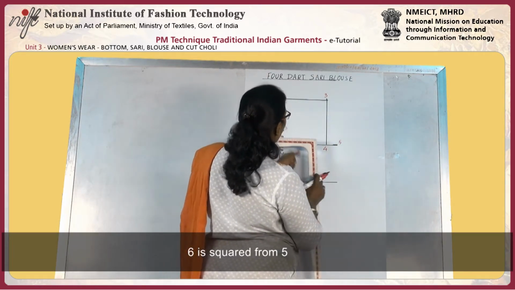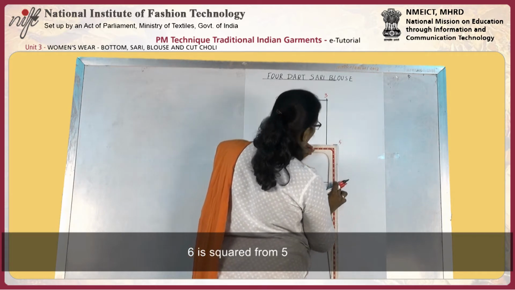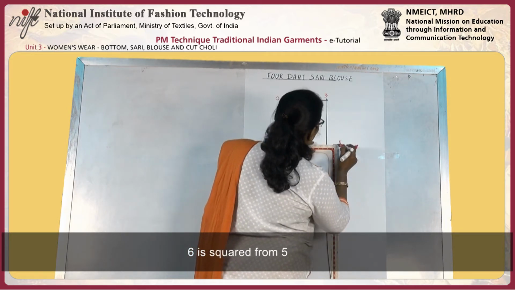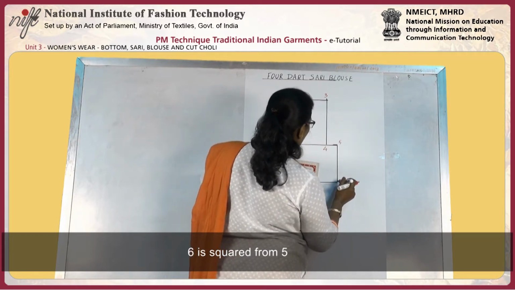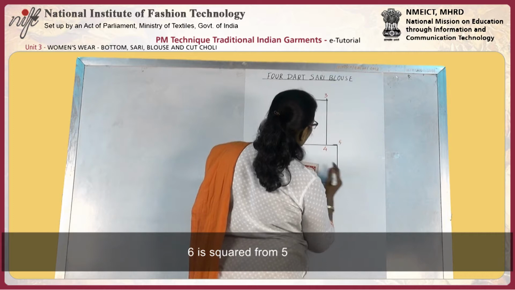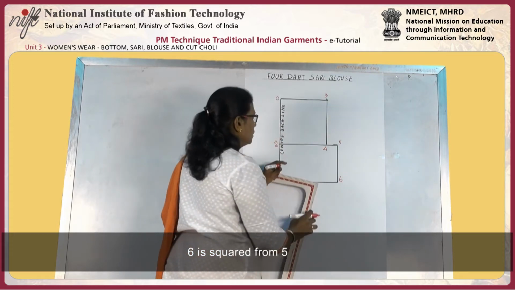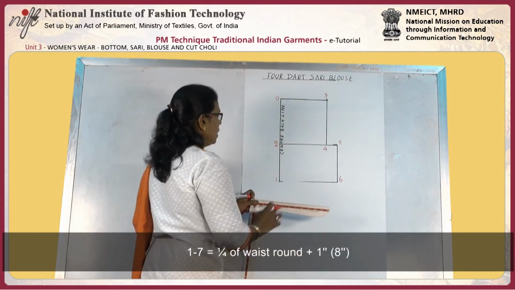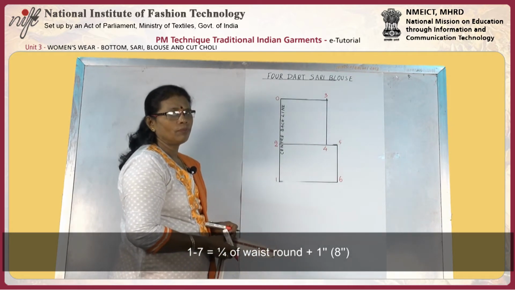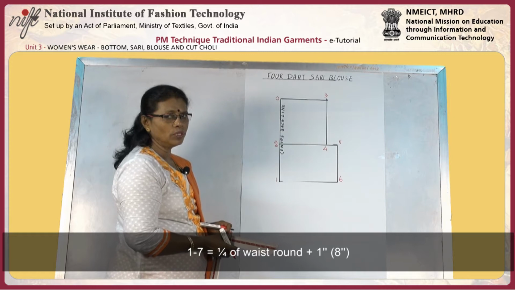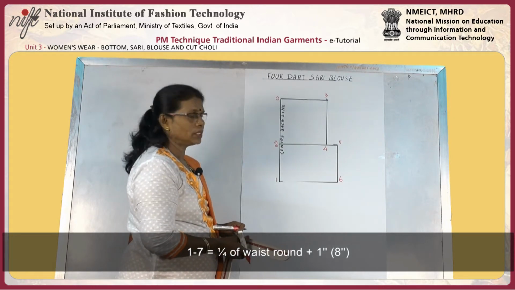Five should be squared down to the waistline and mark 6. 1 to 7 is equal to 1/4 of waist plus 1 inch.